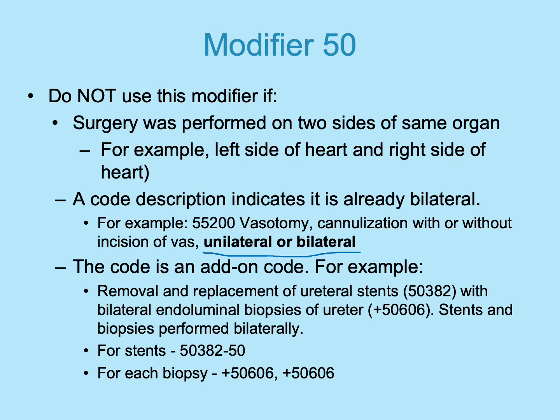For each biopsy, 50606, the add-on code, you report it twice. So for the stents, you use the 50, and for the add-on codes you just report it twice. It says each biopsy. So that's why you do it twice instead.